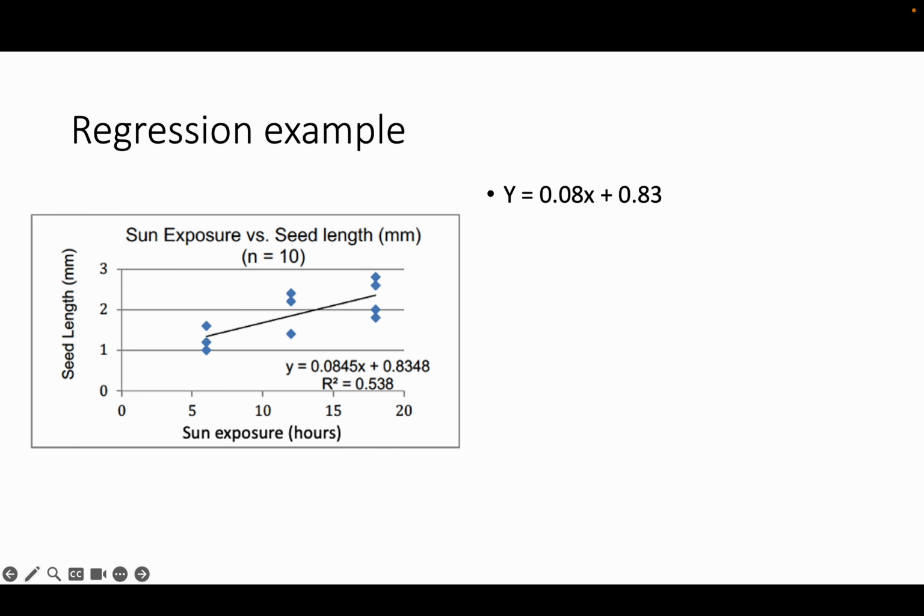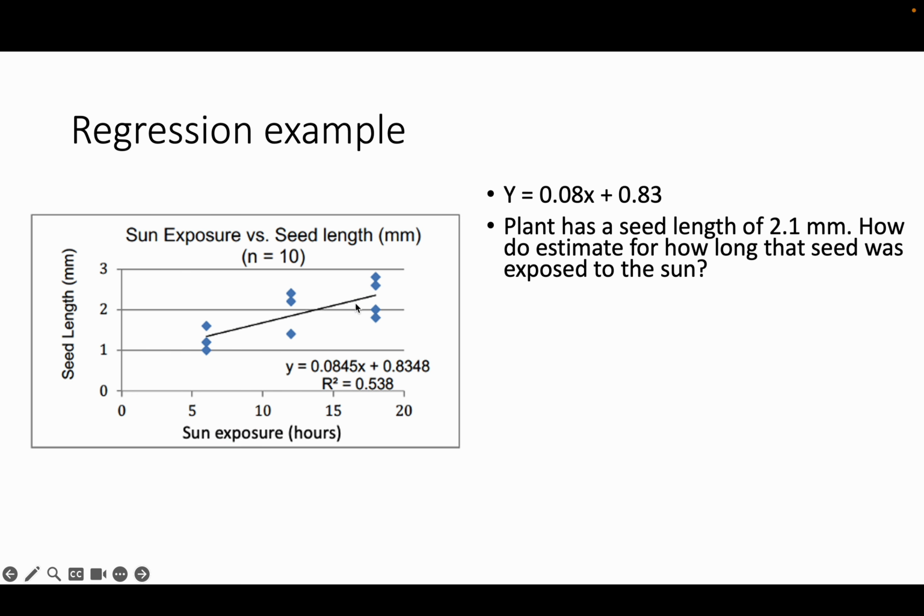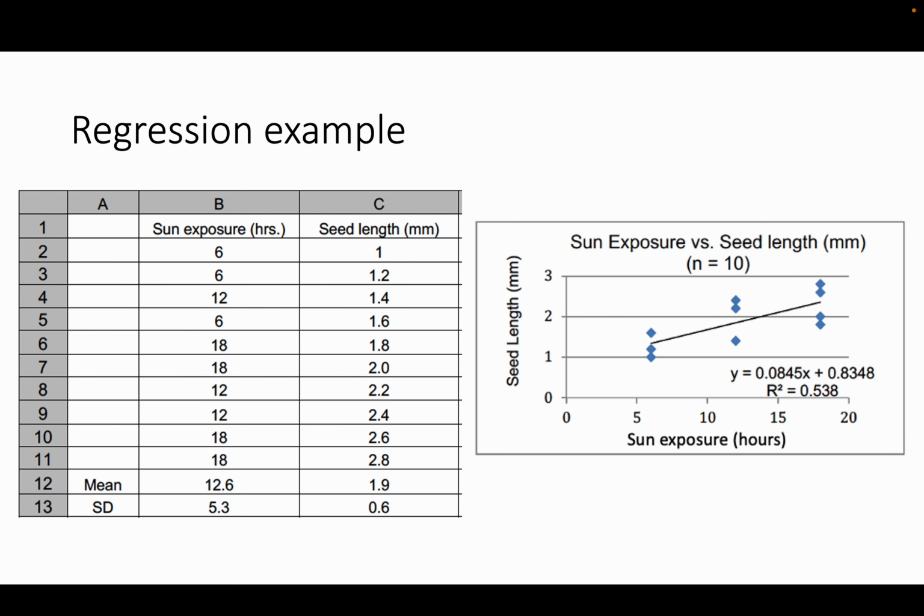So the cool thing about the equation of the line is that it tells you the slope and y-intercept. But in addition to that, let's say if you take a look at your data set later on, you find a seed that was 2.1 millimeters, and you forgot to write down the time that that seed was exposed to the sunlight for.